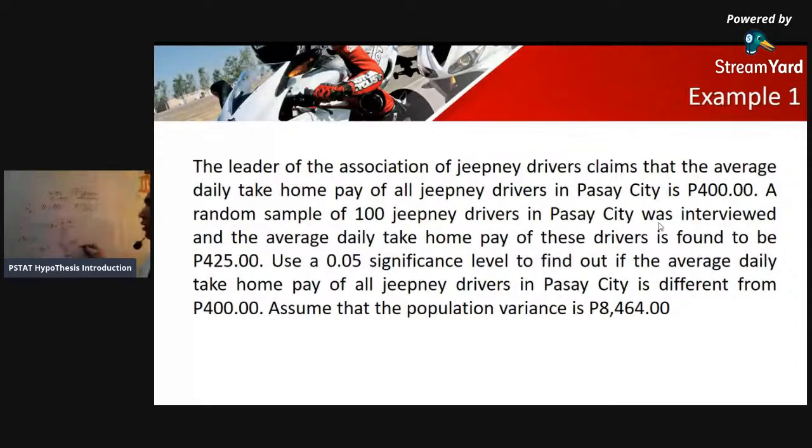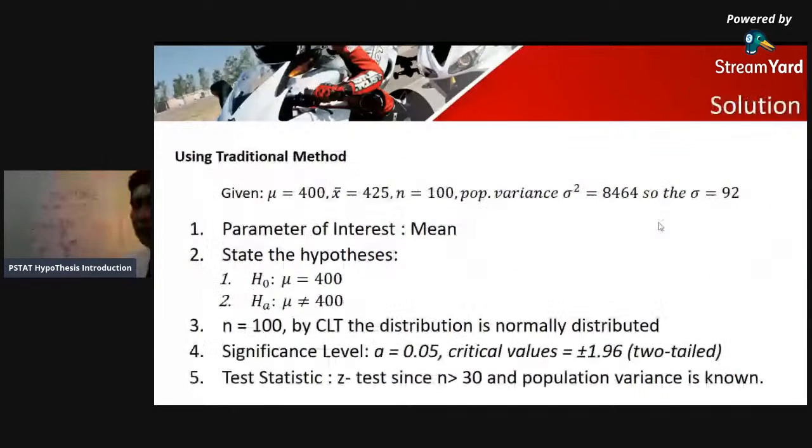The value is here, after the multiplication. So for the hypothesis, we identify the alpha. The alpha is 0.05, so the critical value is plus or minus 1.96.